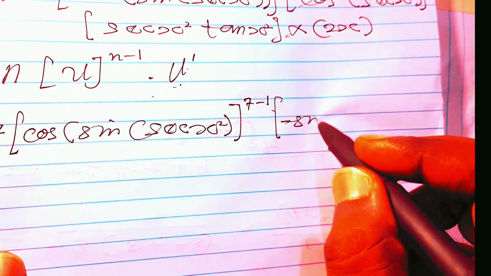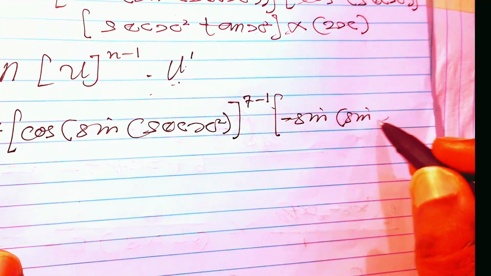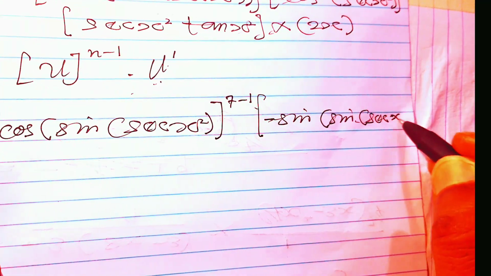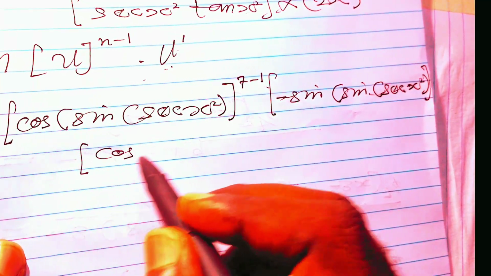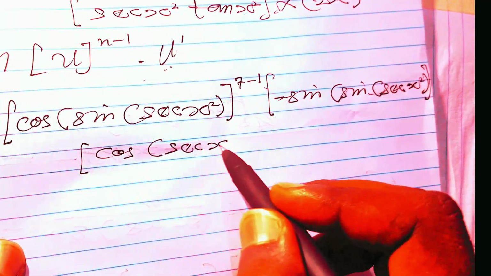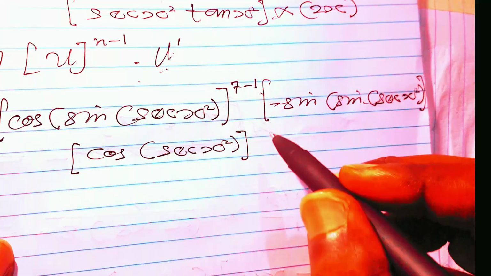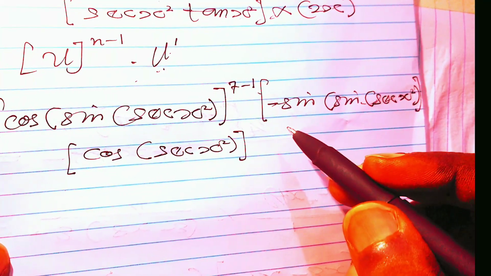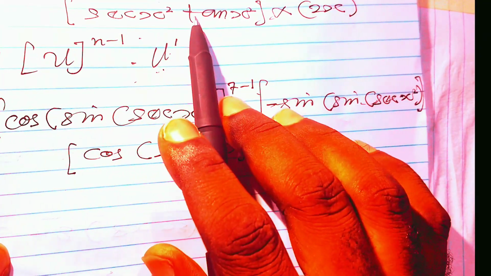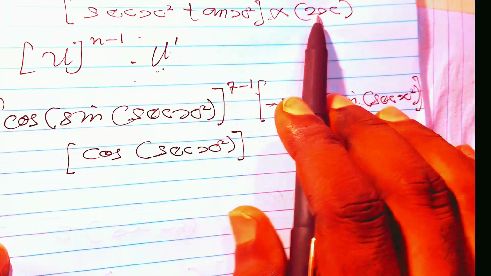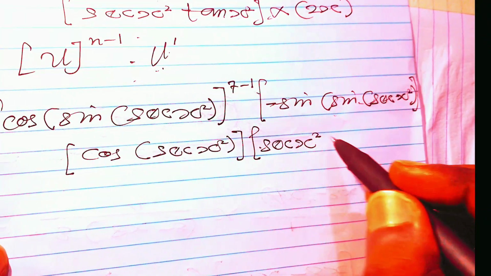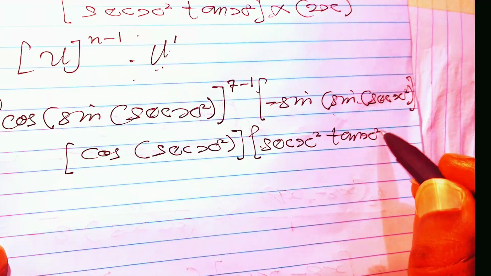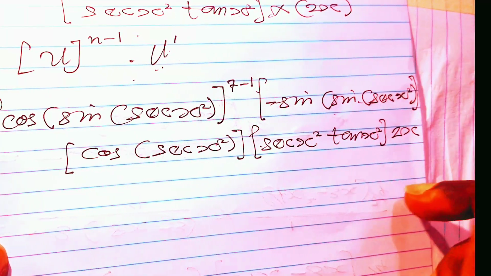That's going to be negative sine in the bracket sine in the bracket sec x squared in the bigger bracket, multiplied by cos in the bracket sec x squared, and then multiplied by sec x squared times x squared multiplied by 2x.